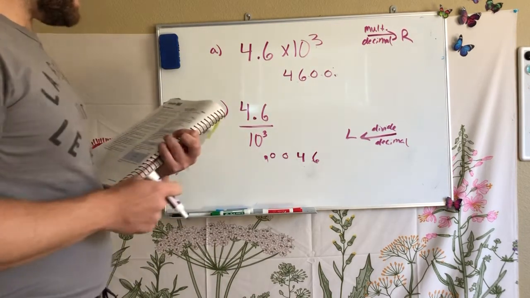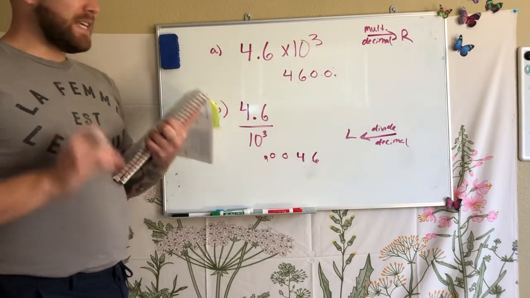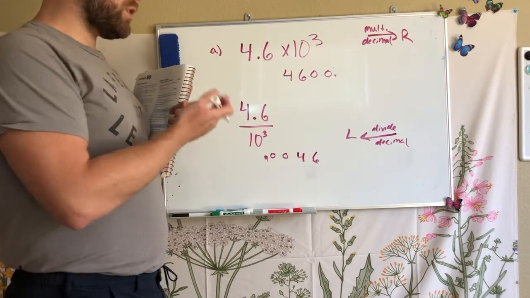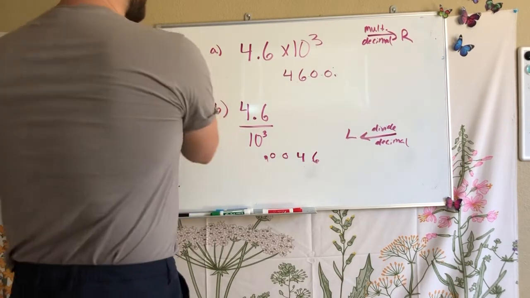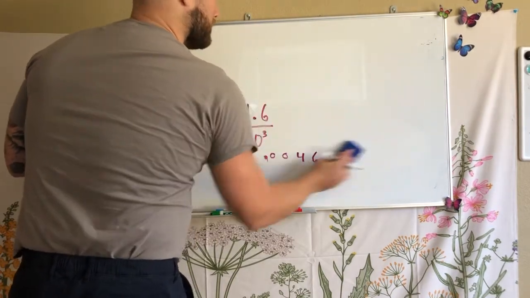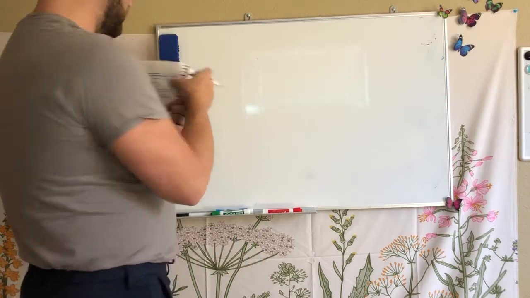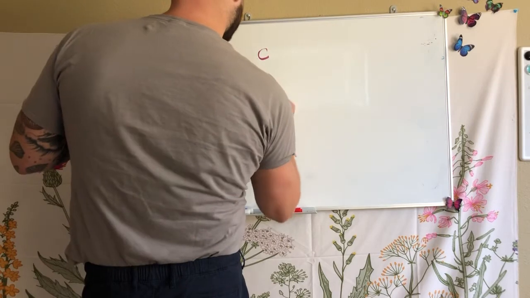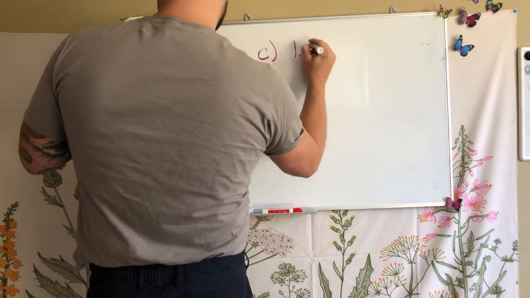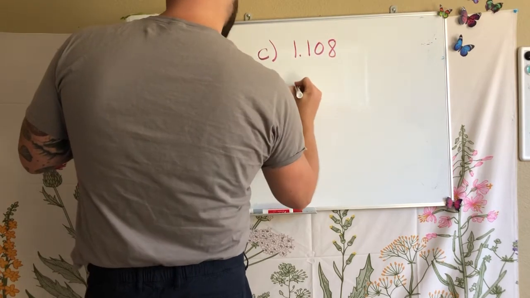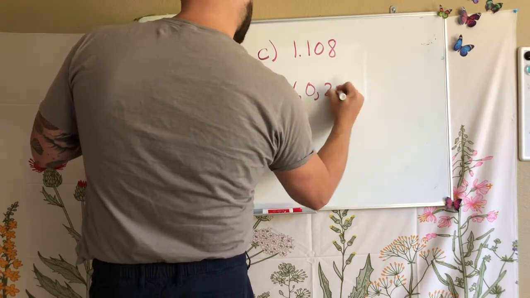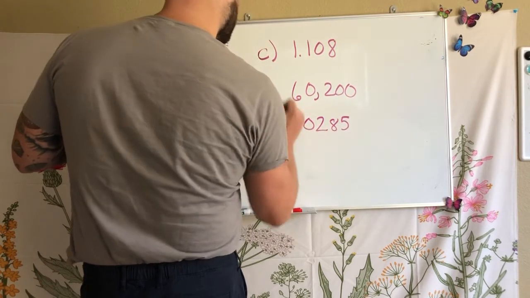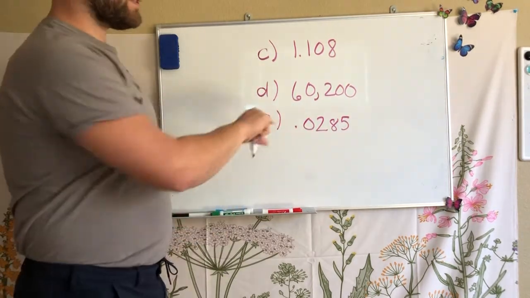So, that's A and B. I want you to do C, D, and E on your own. Pause the video now and do them. When you're ready, resume the video and check your work. All right, so the answers to C, D, and E. Here are your answers.